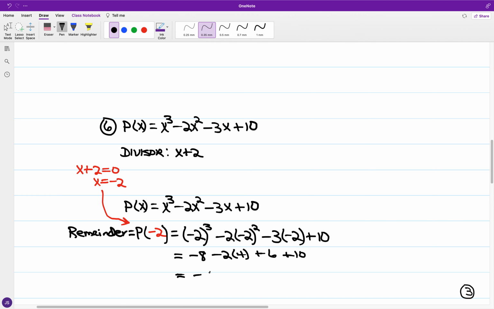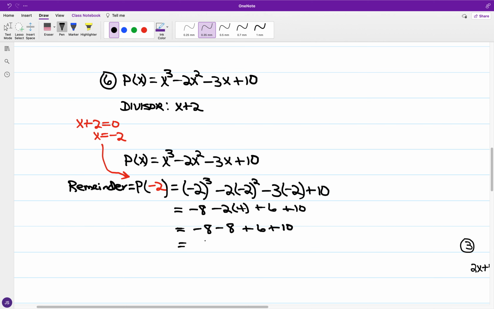And right now we got negative 8. Negative 2 times 4 is negative 8. And I can go ahead and add 6 and 10 together, but I'll just keep everything itemized. So for what we have now with these numbers, negative 8 minus 8 is negative 16. Negative 16 plus 6 is negative 10. Negative 10 plus 10 is equal to 0.